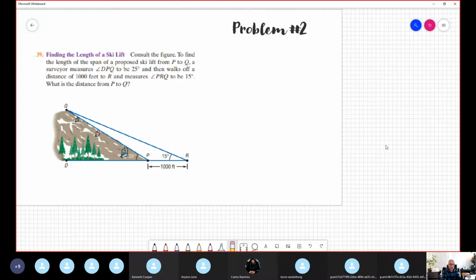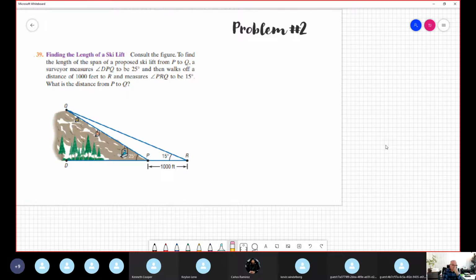You have a mountain, you have the famous device called a ski lift. You can see in the figure the length of the span of the proposed ski lift, PQ. And my goal is to find PQ, no?